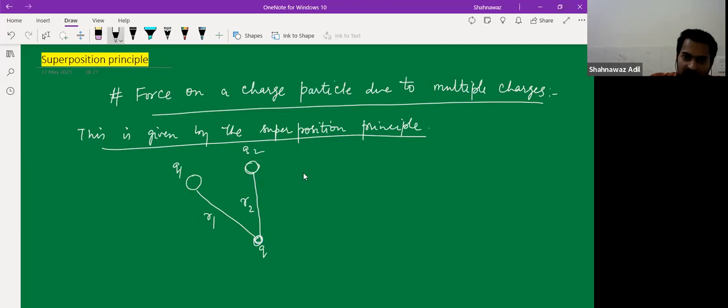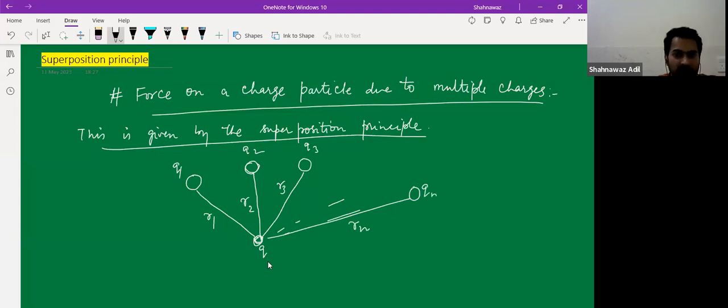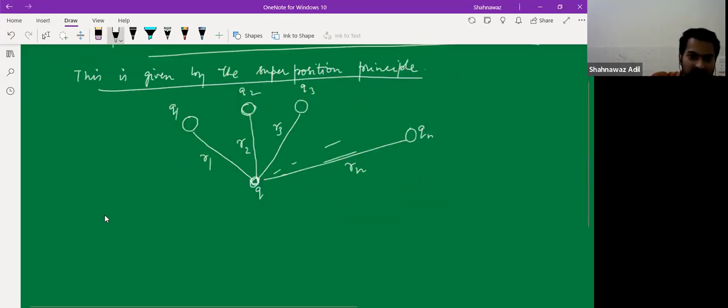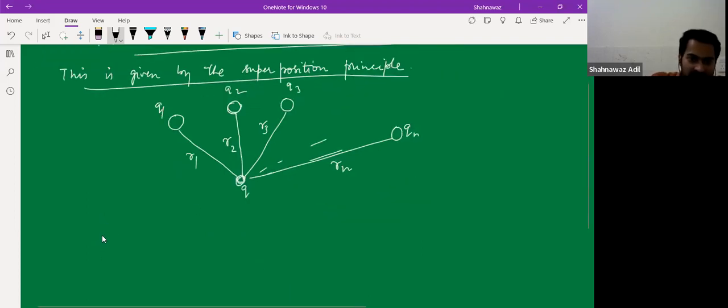Let's say you have another charge, so this is R3 and this is Q3. Similarly, we have multiple N charges, so this is Qn and this is Rn. The superposition principle says that the total force on this charge would be the vector sum of the individual forces.